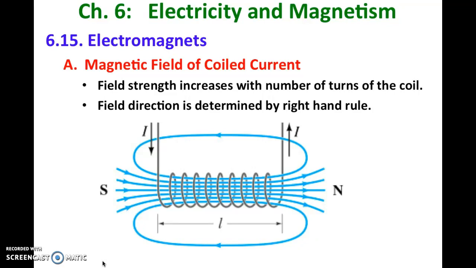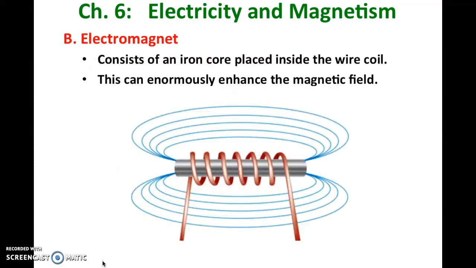When you use your right hand to hold the coil along the current direction, then your thumb points to the field direction inside the coil. When an iron core is placed inside the wire coil, the magnetic field is enormously enhanced. A wire coil with an iron core is usually called an electromagnet.